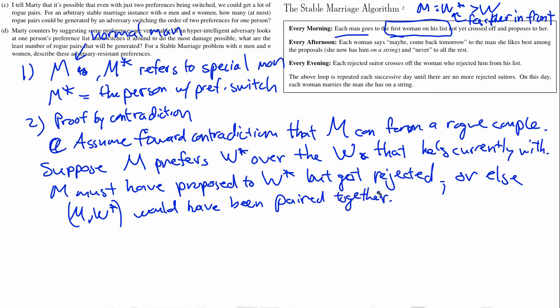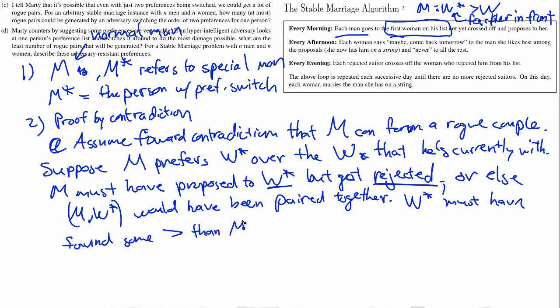So, by virtue of W star rejecting the man, W star must have found someone more preferred than M by the improvement lemma. Now, the improvement lemma is something similar to a greater or equal to: you can stay with the man or you can find someone better.